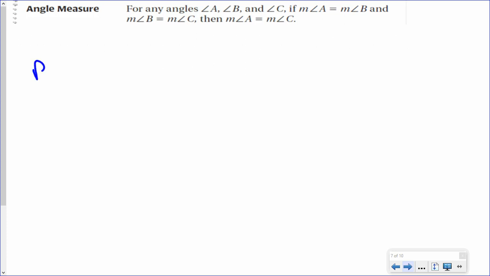So the first heading is reflexive. When you do proofs, typically you'll have segments or angles. Here's what reflexive looks like if you're dealing with segments.